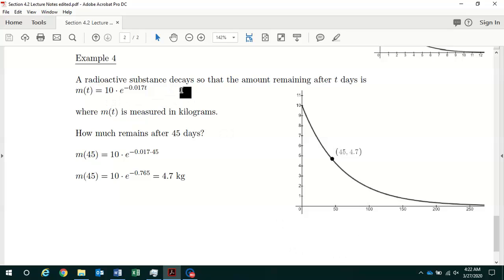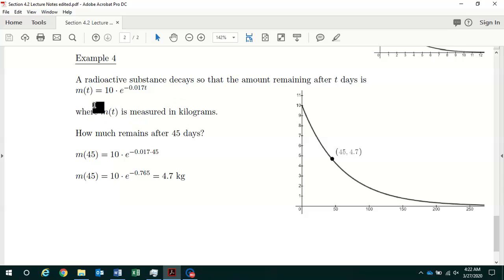We're given a radioactive substance decays so that the amount remaining after t days is given by the function M of t equal to 10 times e to the minus 0.017 t power. Again, the independent variable t represents time, in days in this example.